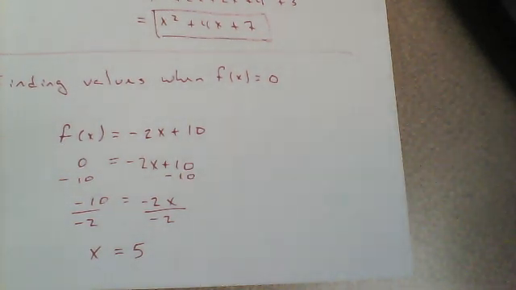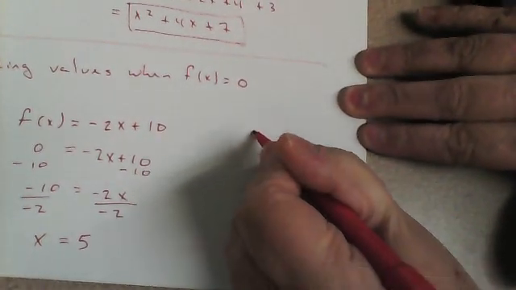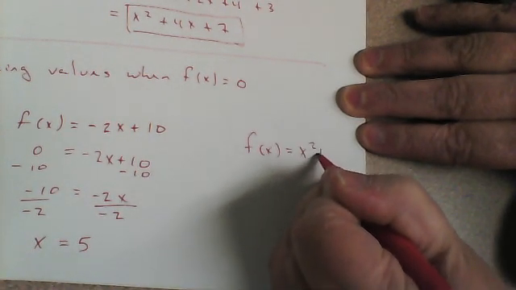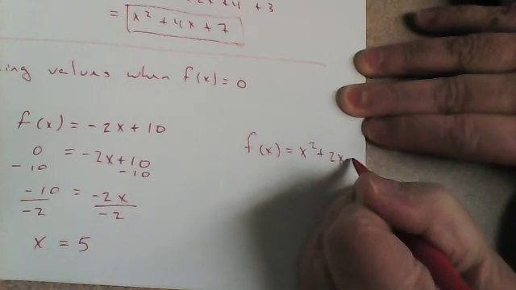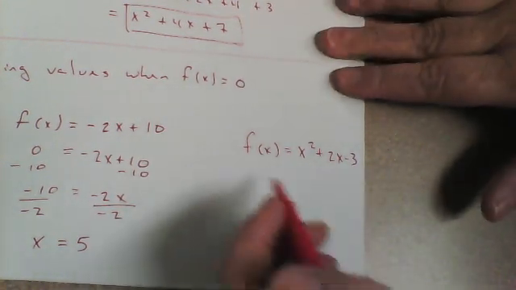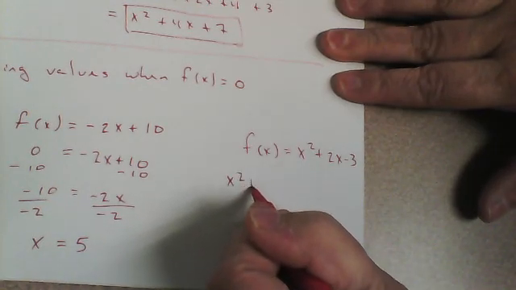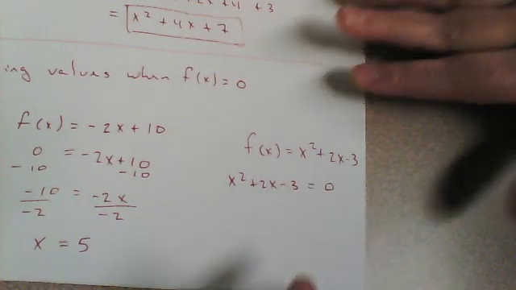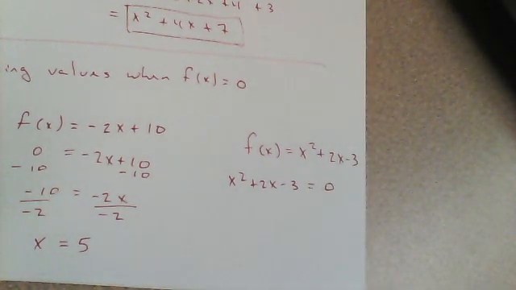You will see some that look like f of x equals x squared plus 2x minus 3. When I set that equal to 0, if I have x squared plus 2x minus 3 equals 0, does anyone remember what I need in order to solve that?